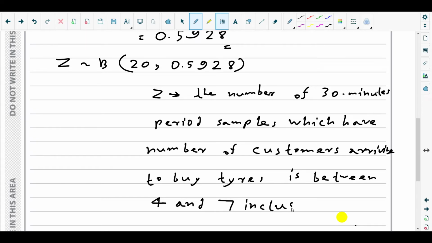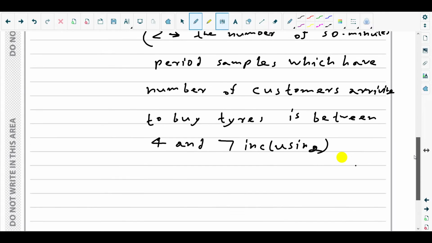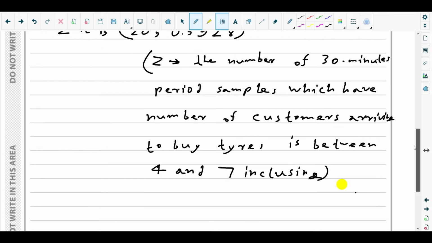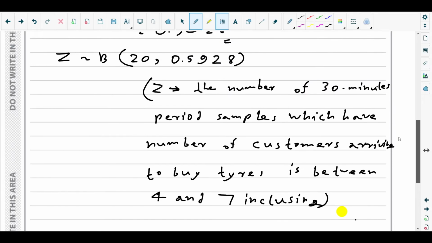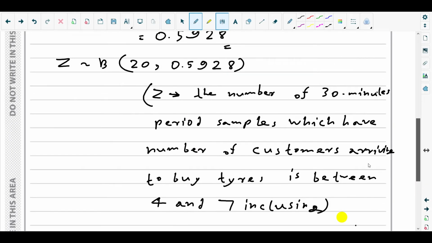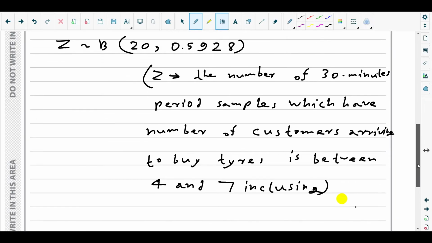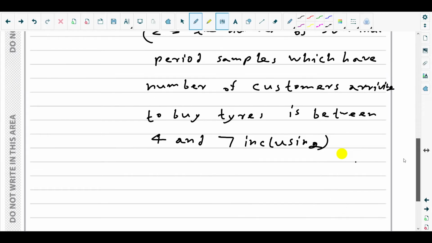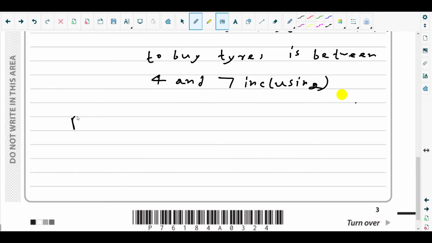We already know the probability of a sample having between 4 and 7 customers arriving to buy tires in the next 30 minutes is 0.5928.